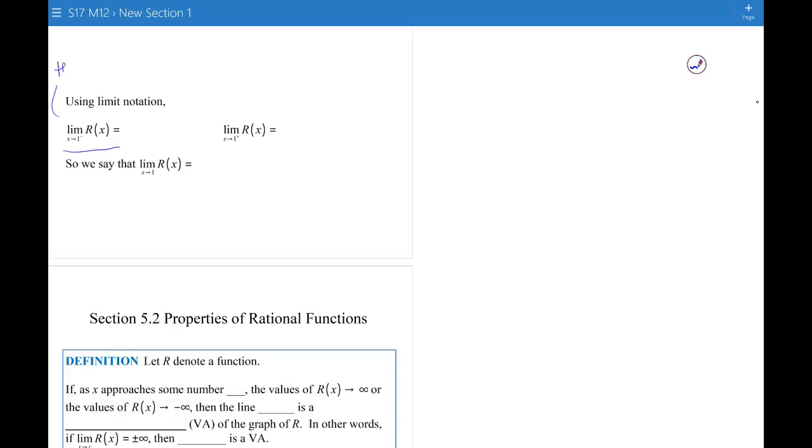So this is the limit as x approaches 1 from the left. That's the meaning of that little minus symbol. So we're looking at a graph and we're saying x is approaching the number 1 from the left. And we're saying what happens with this graph when that's happening.